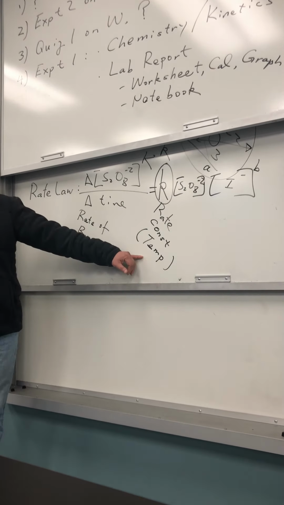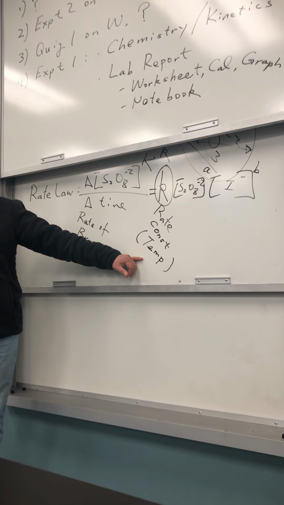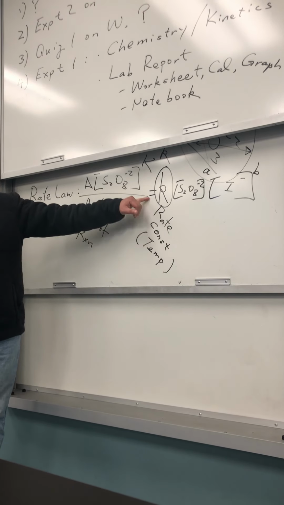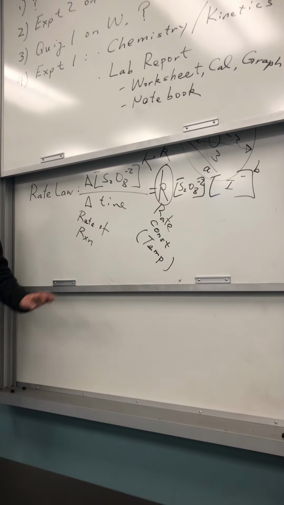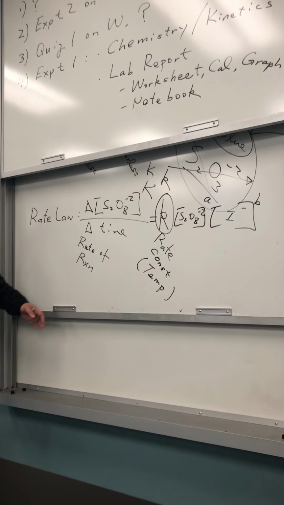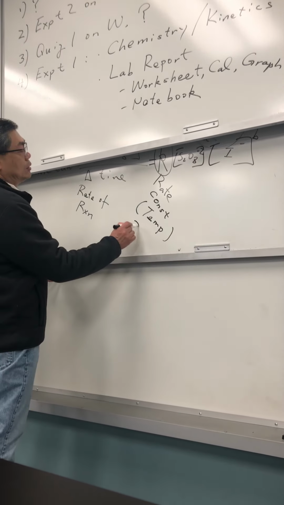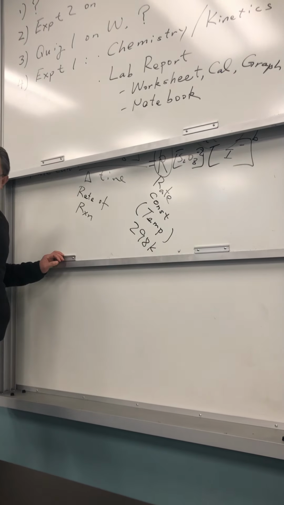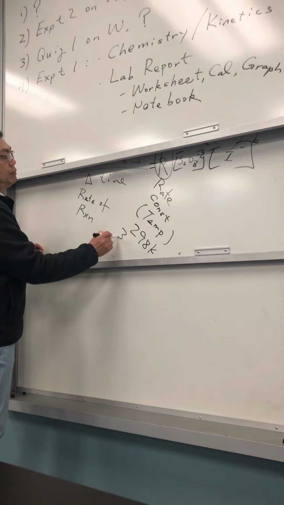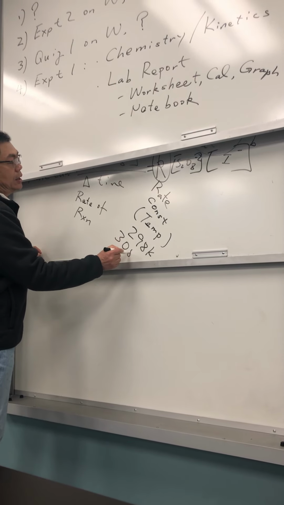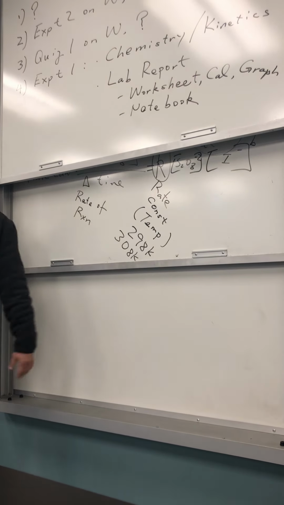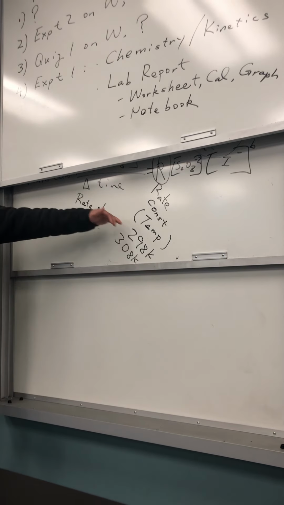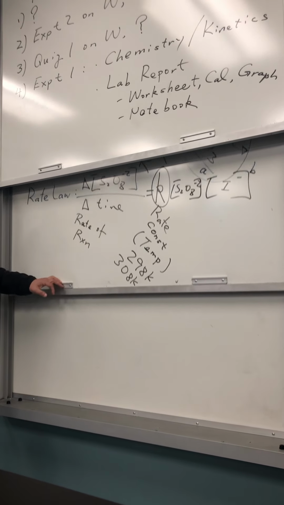If you change the temperature or have a different temperature, then you have a different rate constant. So if you have temperature at 298 Kelvin, you have a rate constant. If you have 308, you have another rate constant. So different temperature, you have different rate constant.